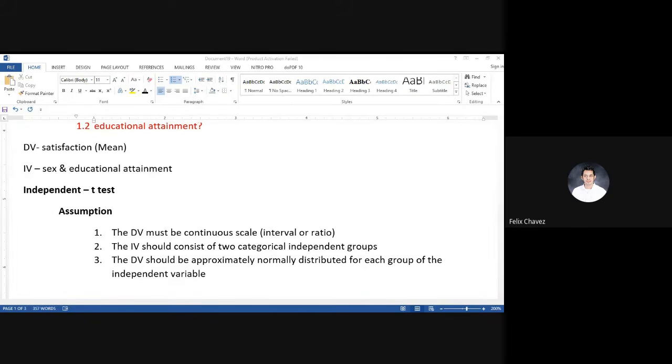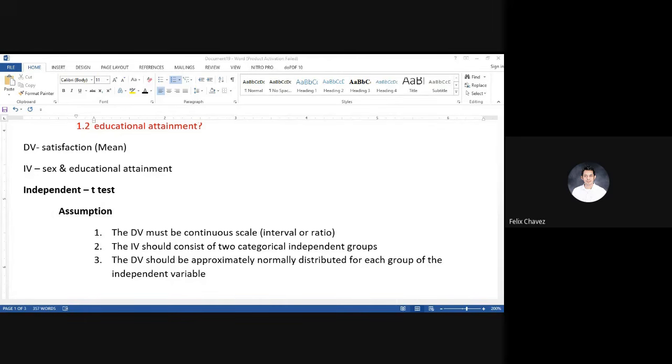Like for example, variables like time measured in hours, intelligence can be measured in IQ score, the examination performance, like the percentile score or the percentage score, the weight, the height. So these are continuous variables, interval or ratio.